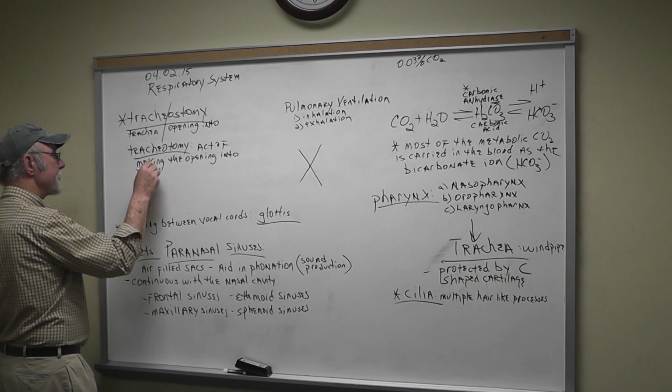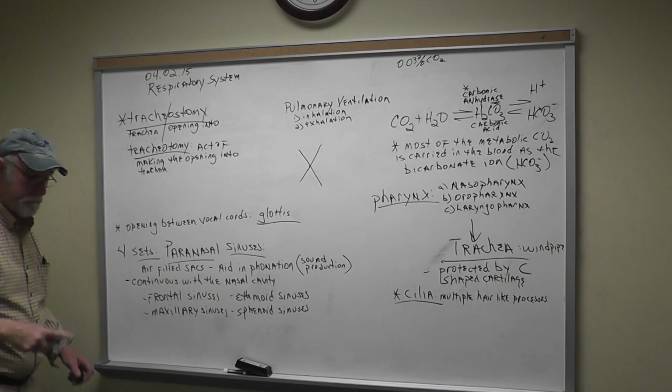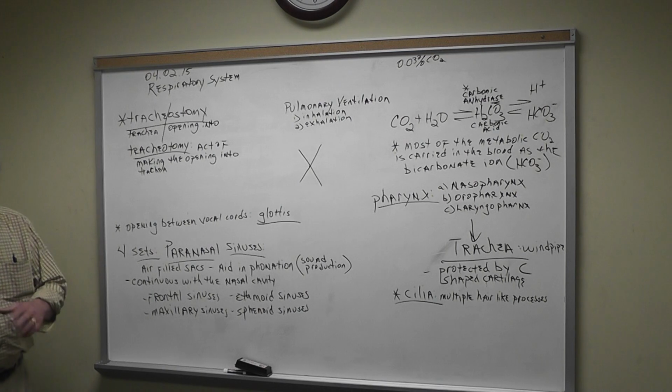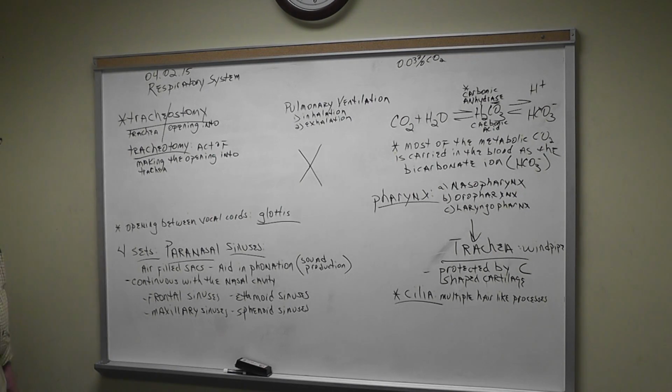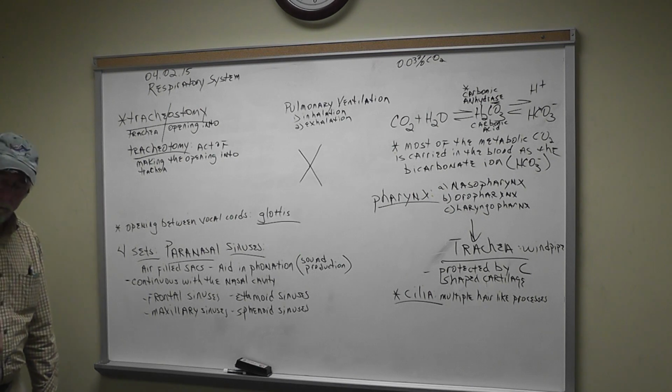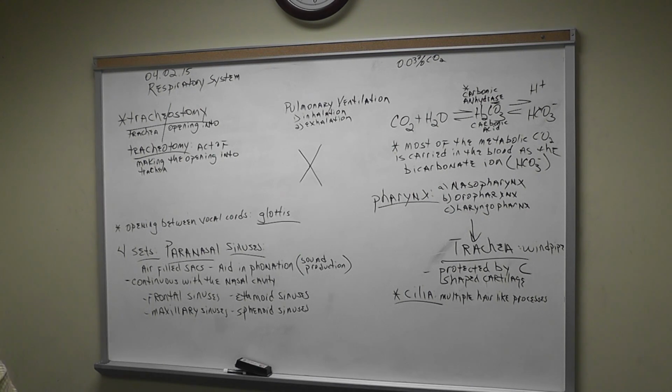And again, what they taught me, believe it or not, way back when I was in the military and I was just a young, wet-behind-the-ears medic: there is a membrane between the thyroid cartilage and, if you look at this diagram, you see two cartilages.